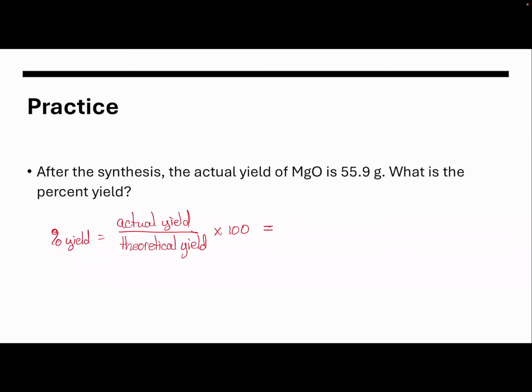The actual yield is going to have to be given in the problem. And you calculate the theoretical yield. And that's multiplied by 100.